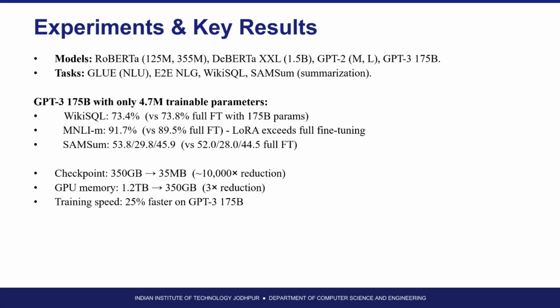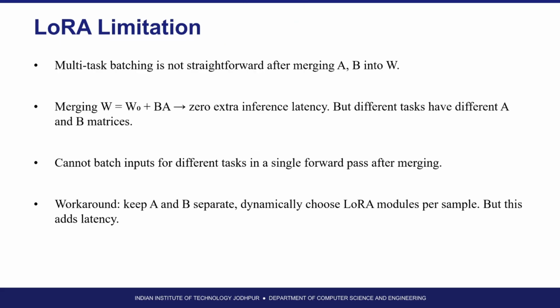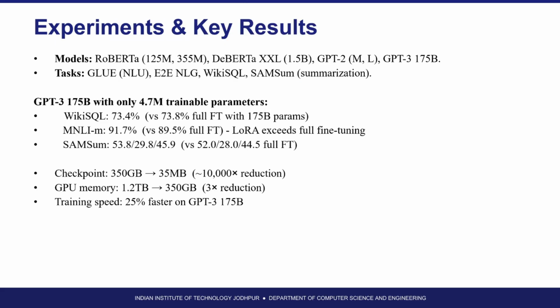These are some results from the paper. The authors tested LoRA across a wide range of models and datasets. You can see WikiSQL, a sentence to SQL converter. Here it achieves 73.4% accuracy, where full fine-tuning gets 73.8% accuracy.